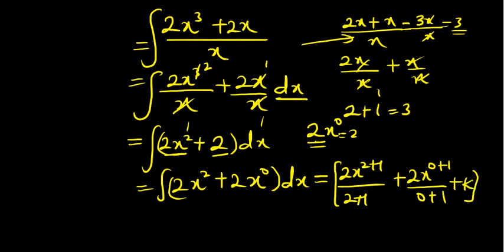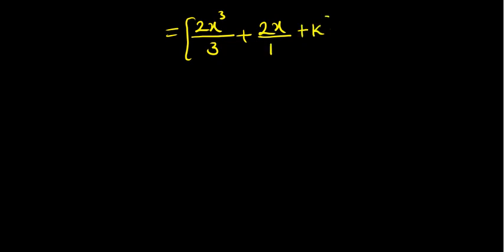We now have 2x raised to power 3 over 3 plus 2x, because 0 plus 1 is 1, so we have 0 plus 1 here also. We are having 1 plus k. So at the end of the day, we are going to have 2x cubed over 3 plus 2x plus k. So this is our final answer.